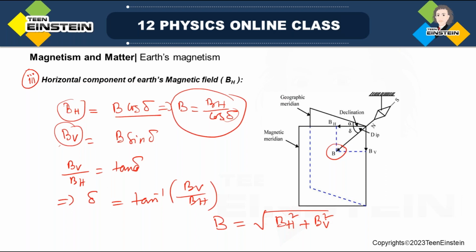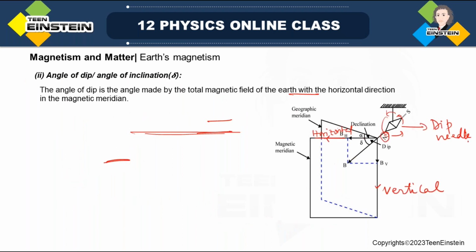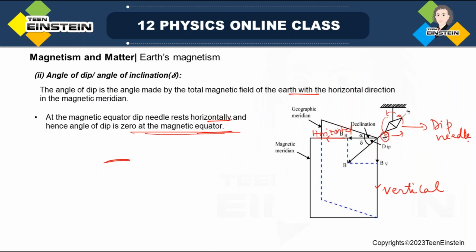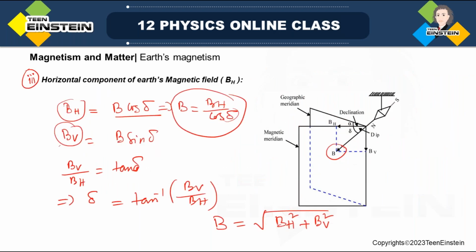So we can see that three essential parameters are the angle of declination, the angle of inclination, which is delta, and the horizontal component of the magnetic field, BH.